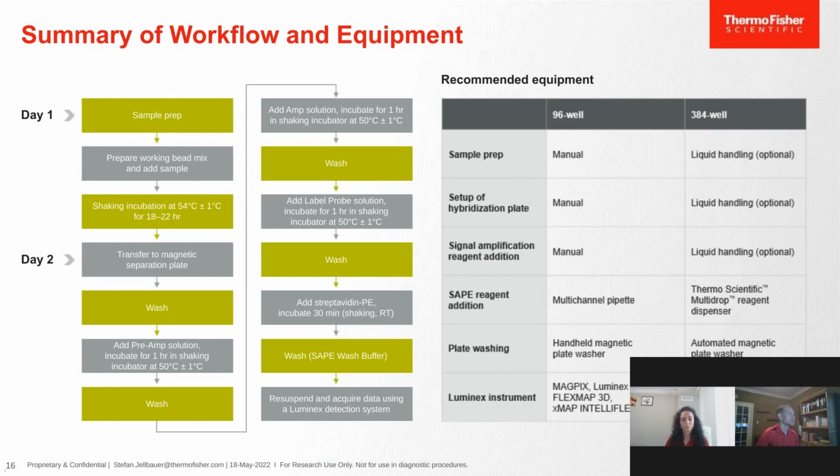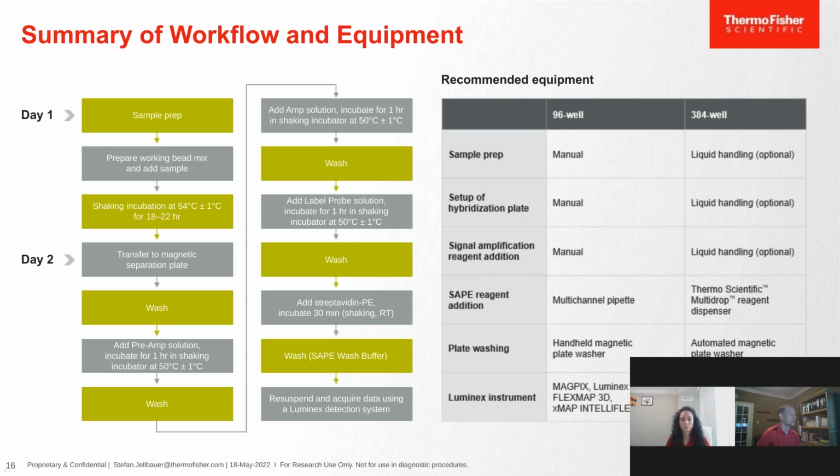The adoption of equipment and automated equipment for simplifying this workflow is more and more required by our customers. So on the right-hand side, I'm showing you some required or suggested equipment to run the assay in either 96 or 384-well format.